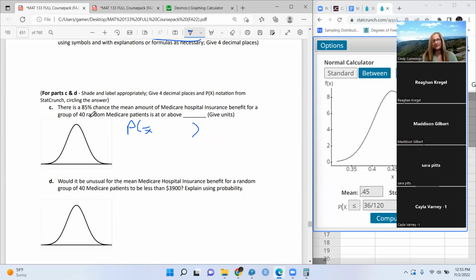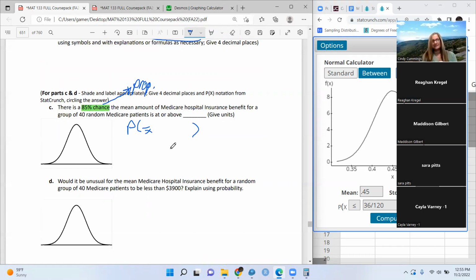If these are going to be written with things like P, X bar, something. Now here's a thing that's going to mess you up. Look at this. Oh no, a percentage. But look at the word that comes after it. 85% chance. That means probability. And with means, all of the probabilities are percentages.